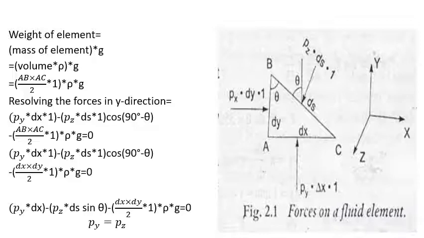Simplifying this we get P of y is equal to P of z. The pressure in the direction of y is equal to the pressure in the direction of z. That is expression number 2.